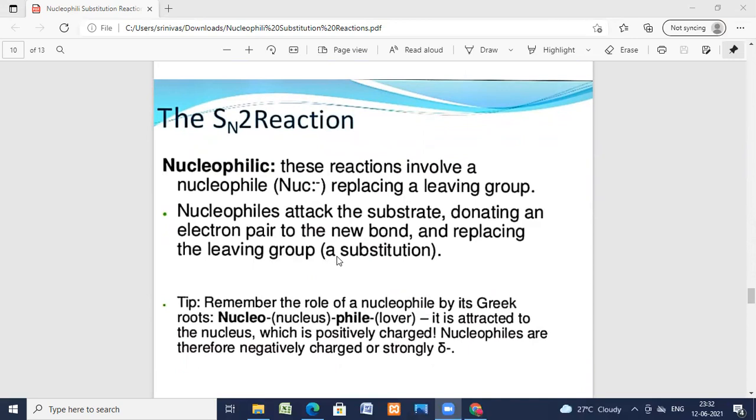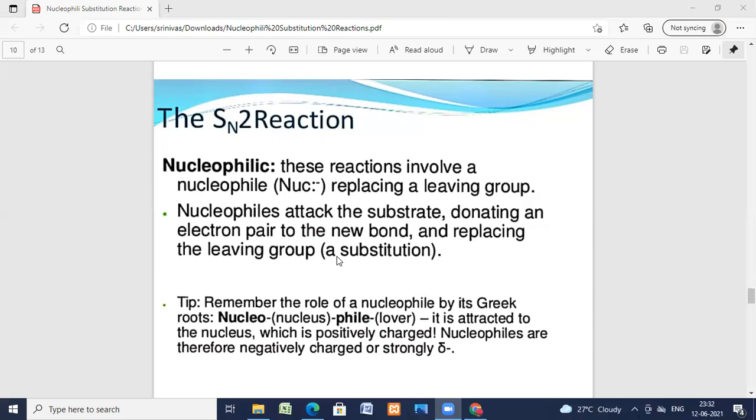Now, let's have a look at how the stereochemistry works, or else we can even observe the stereochemistry. I'll explain it in detail.